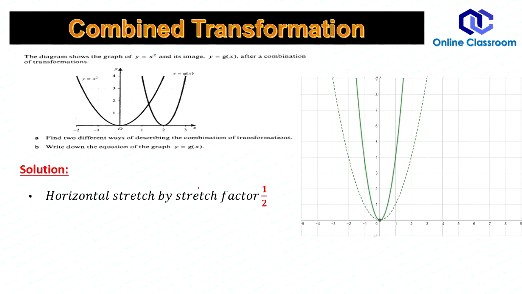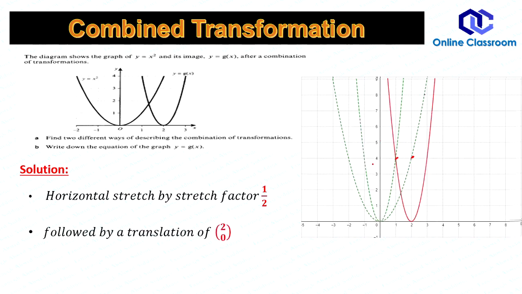Horizontal stretch with factor half. The distance of every point is now becoming half. You see here, if I set a point, suppose this point is here, half of this, every point coming at the distance of half. Suppose this is at 2, this is half. Now move this towards the right, followed by this translation.